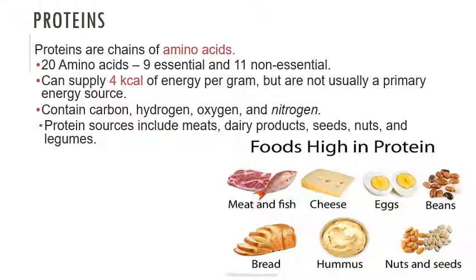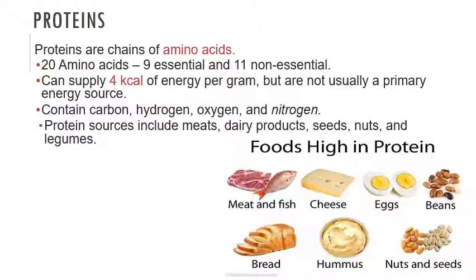Proteins. Proteins are chains of amino acids. There are 20 amino acids, 9 essential and 11 non-essential. Essential means we need to consume it for our body. 11 non-essential, that means we don't need to consume it because our body makes it. Proteins can supply 4 calories of energy per gram, but are not usually a primary energy source.